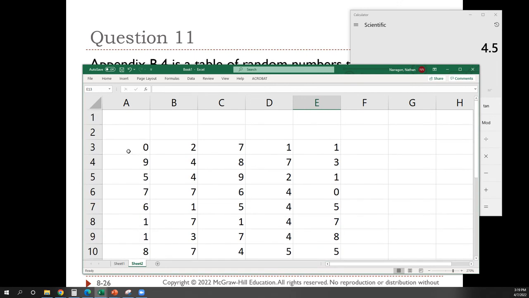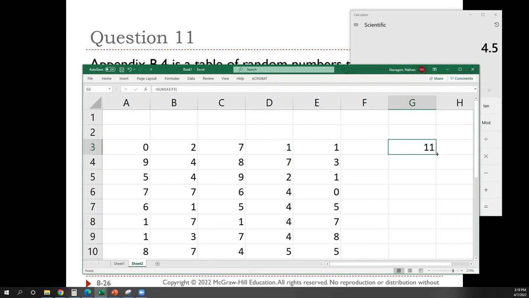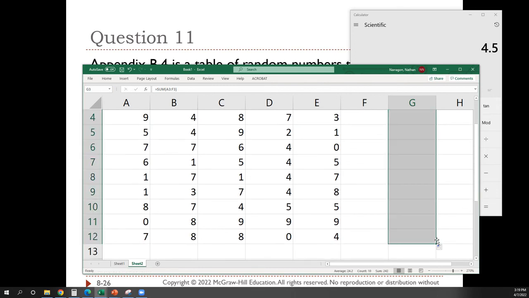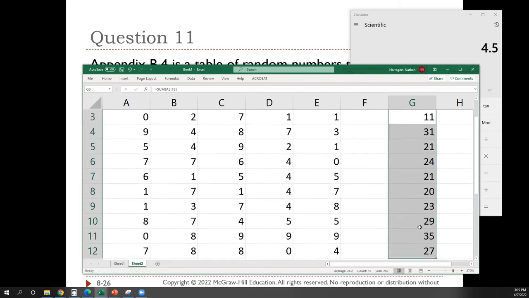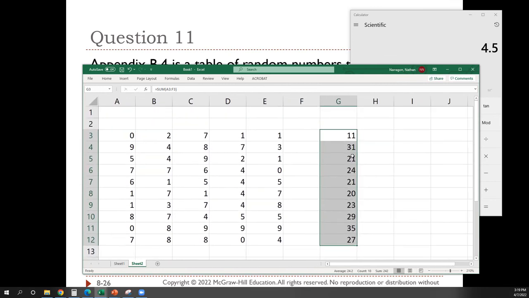Okay, so we put in our random numbers. Of course, we're going to do quick sum. Formula, auto sum. Scroll down. Have it automatically calculate because that's what makes it awesome. Alright, now we take and find our mean.